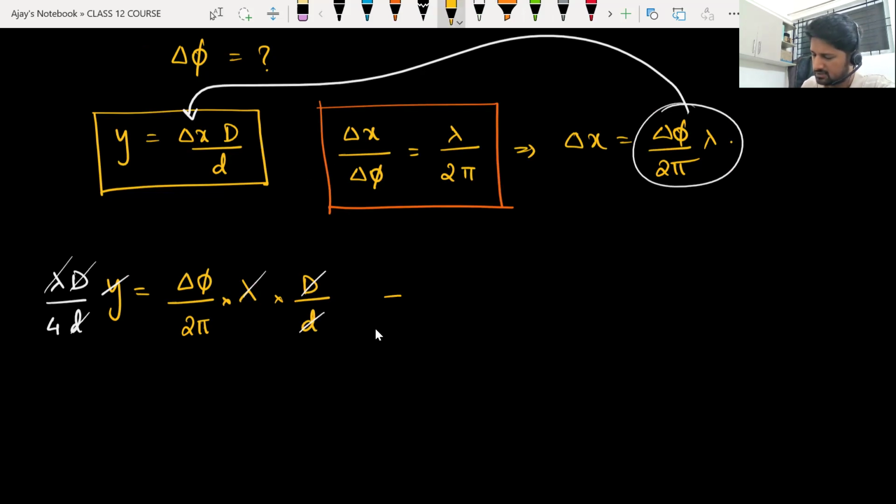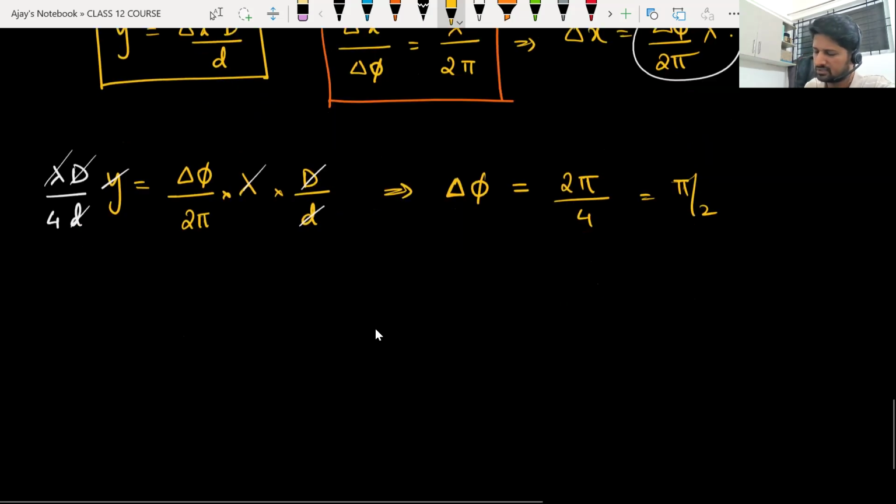Tell me, how much is the phase difference? Send 2 pi to the other side. It becomes 2 pi by 4, that is pi by 2. That's the phase difference with which the waves interfere at this particular y coordinate. And if you know the phase difference, you can tell the effective intensity.